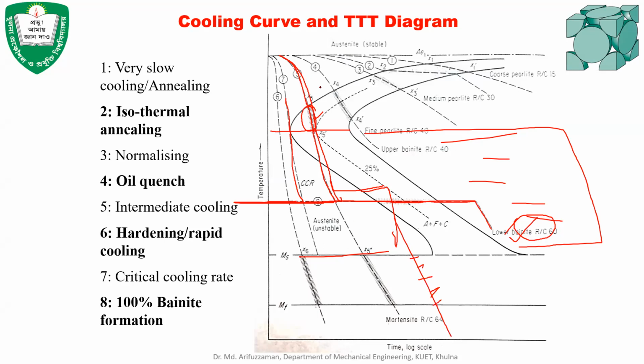So applying sudden cooling to get pearlite, then keeping it at a certain temperature to obtain bainite, and then quenching it in cold water to obtain martensite. So three different microstructures can also be obtained by controlling the cooling of steel.